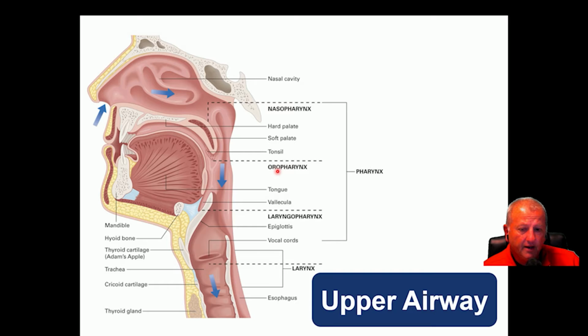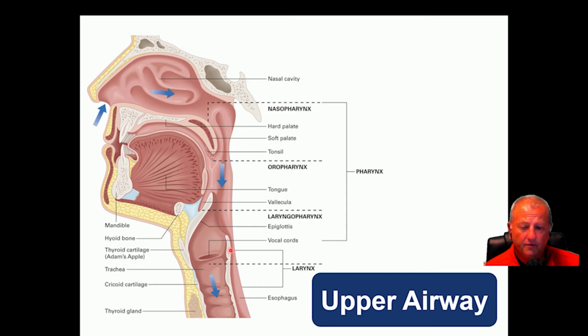Here you have the epiglottis. Now the epiglottis helps to keep food out of the trachea. It also assists to move food down into the esophagus. And there are those vocal cords. You can't really see them, but the slide points it out there. And so then there's the larynx. Anything above this larynx is considered the upper airway. Anything below the larynx is going to be considered the lower airway.